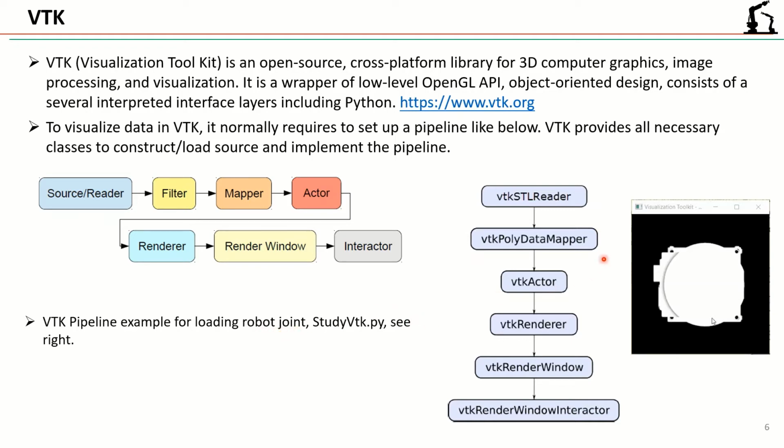As we can see, the first step is to use the STL reader to load the STL model, then do the polydata mapper, then create the actor to represent this joint model, and then do the render in this render window, and then create the render window interactor so we can manipulate this model in the VTK environment.